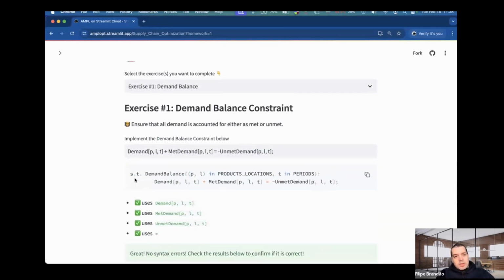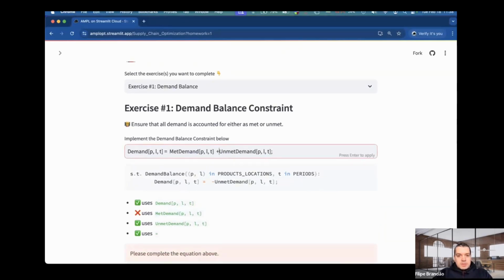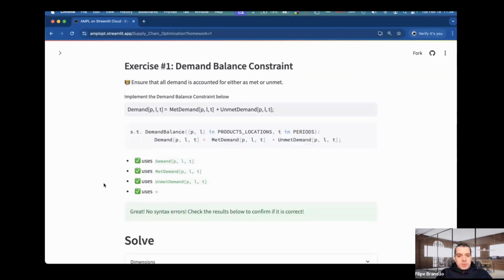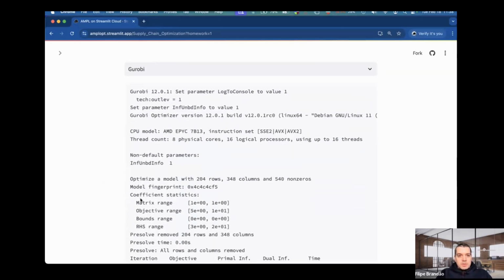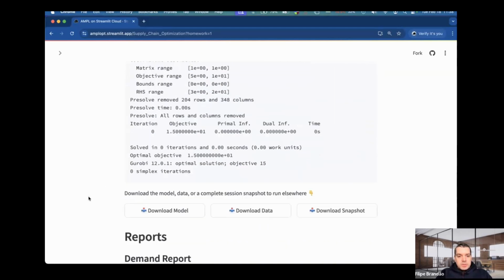So you can go again, look into demand balance, and see that this is not what was in the slides. So demand is in fact met demand plus unmet demand. And the moment we do this, we are solving the problem well.